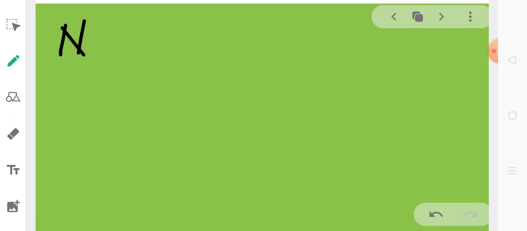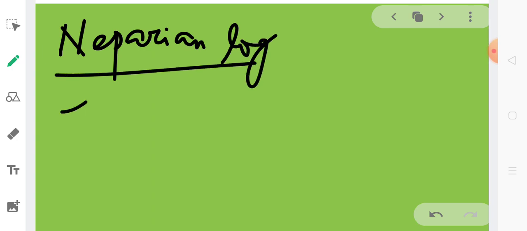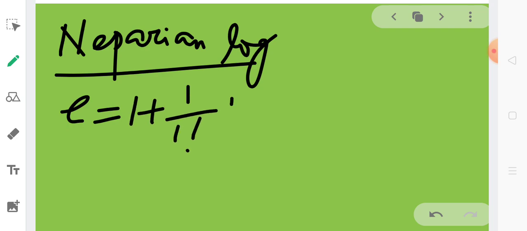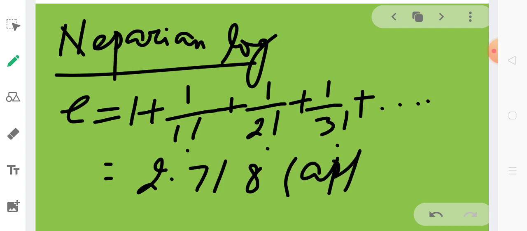Now, what is Neperian log? Neperian log, the base e, is equal to 1 plus 1 by 1 factorial, I hope you remember the factorial part, plus 1 by 2 factorial plus 1 by 3 factorial and so on. And when we do this calculation, it comes out to be approximately 2.718.